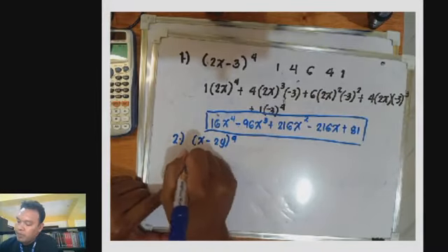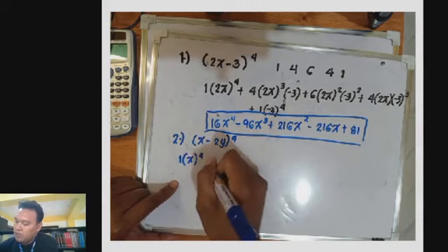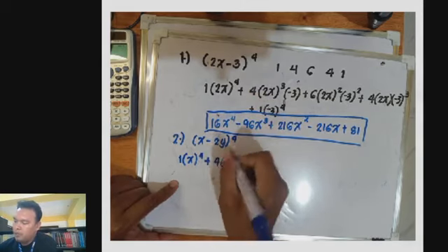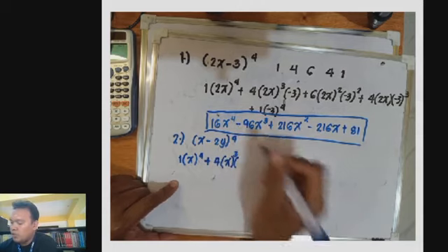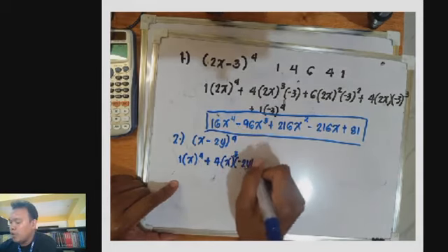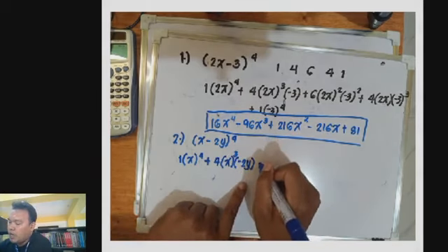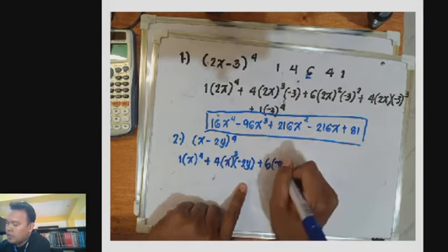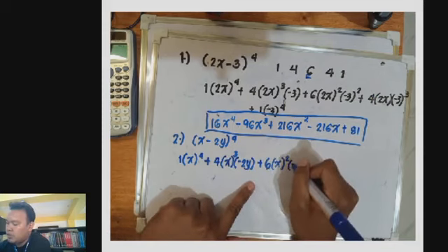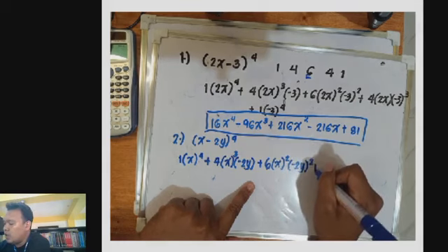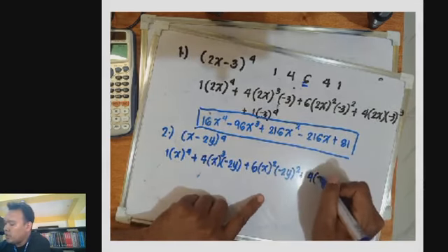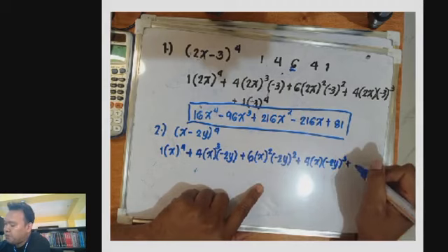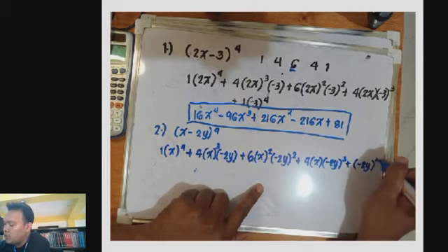So, lalabas ko, 1 times x raised to 4 plus 4 ulit, 4 multiplied by x cubed times negative 2y raised to 1 plus 6, yung pattern, times x squared times negative 2y squared plus 4 times x times negative 2y cube plus negative 2y raised to 4.